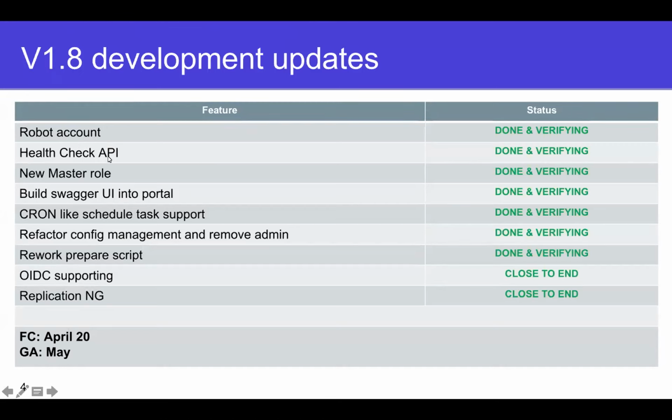Now you can use this API to check the overall health status of Harbor. We add a new master role, and we also build the Swagger UI into the portal. You can use the portal to browse the Harbor API, and maybe also trigger some API calls.